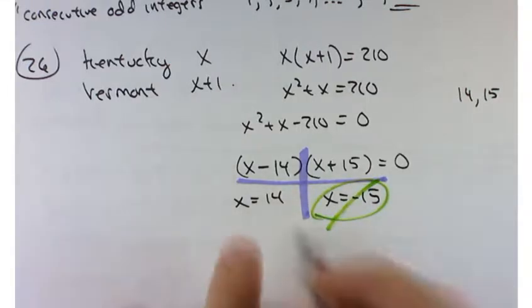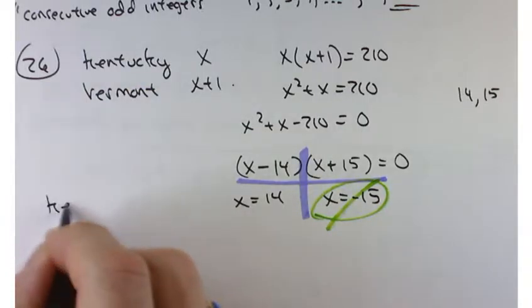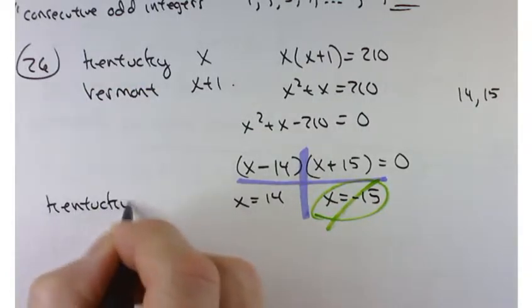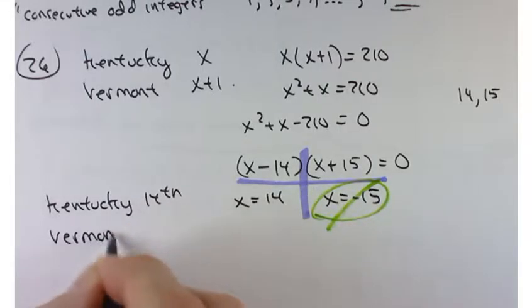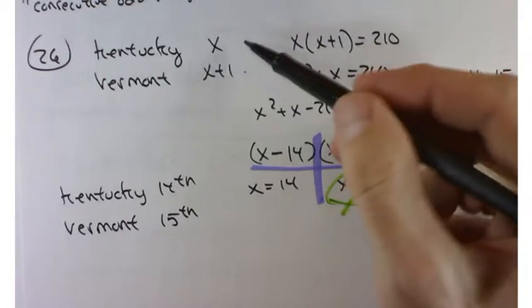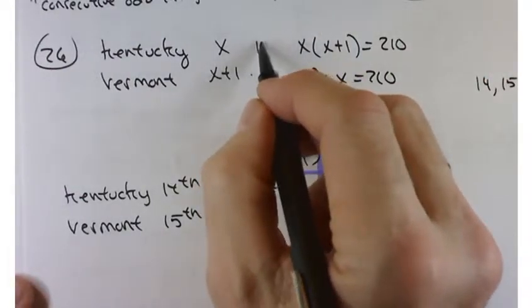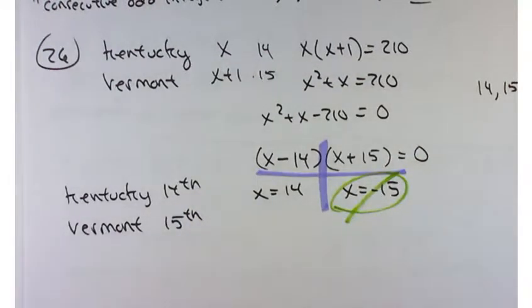So Kentucky was the 14th. What was Vermont? 15th. So you have x was 14 and x plus 1 is 15. Yay, 14th and 15th.